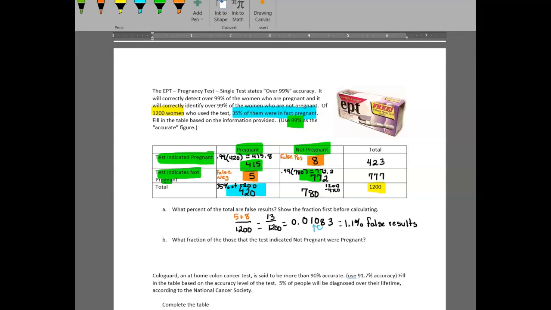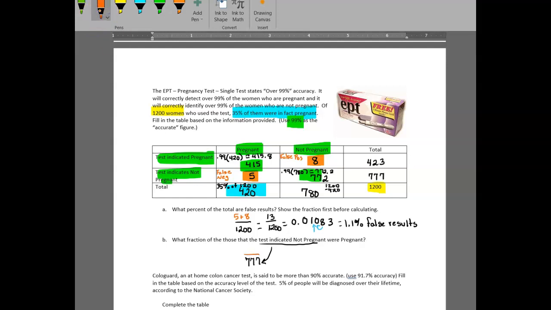And then what fraction of those that the test indicated not pregnant? So test indicated not pregnant is 777. Okay, so we have 777 is the test indicated not pregnant. That's this number right here. Were in fact pregnant. That's the 5 people here.